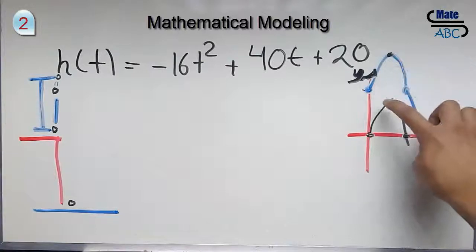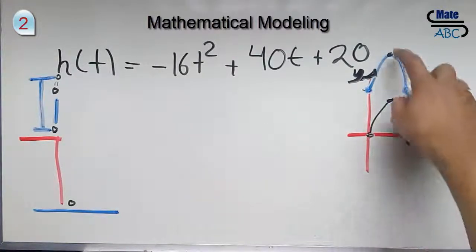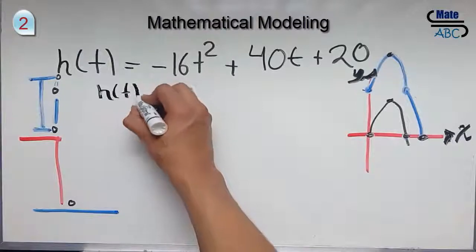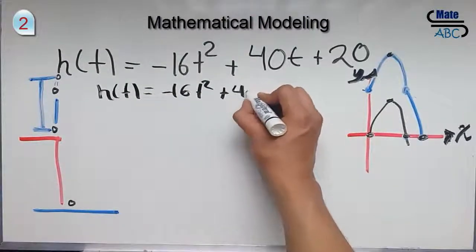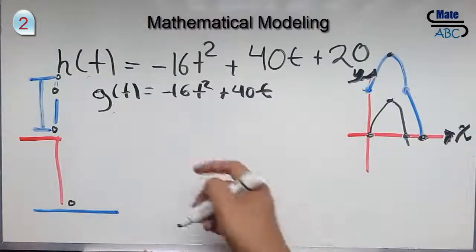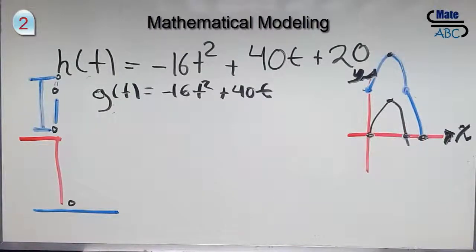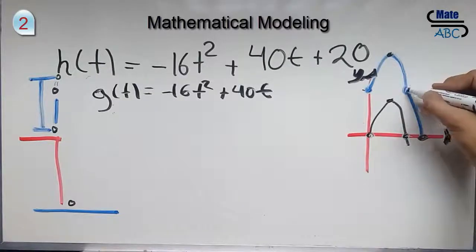If we find this, we can also find the maximum height that it will reach. So our new function will be minus 16t squared plus 40t. So we'll have this new function g of t, which is the dark one, and if we solve for the zeros, we will find those.